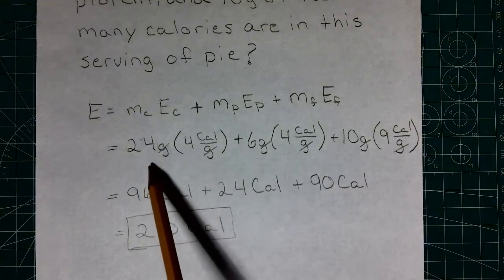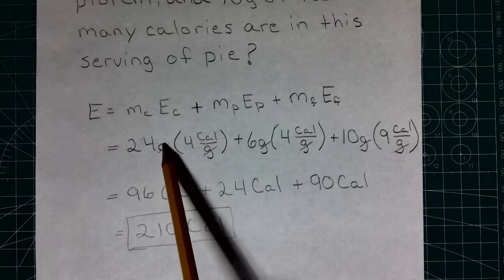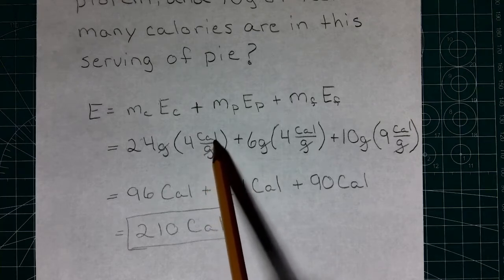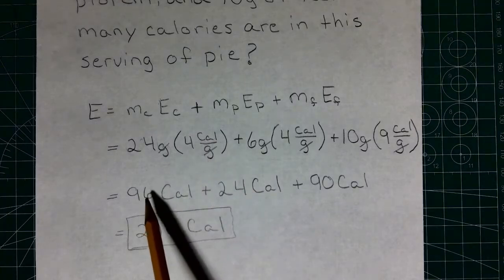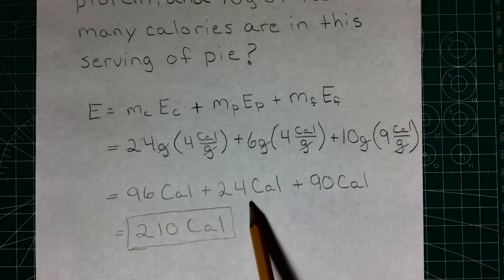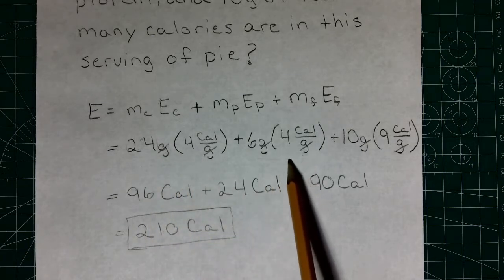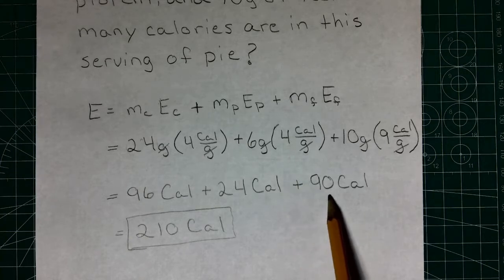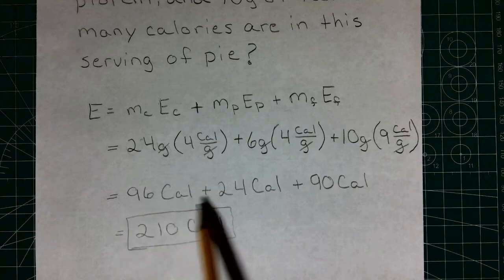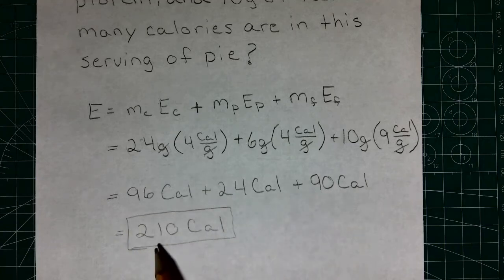We can see that when we do this multiplication, we're going to cancel our gram units, and we're going to be left with calories. So when I do that math, I get 96 calories from the carbohydrates, 24 calories from the protein and 90 calories from the fat. I sum all those together, and my piece of pie has 210 calories.